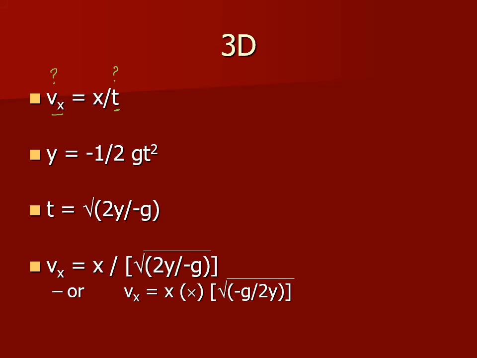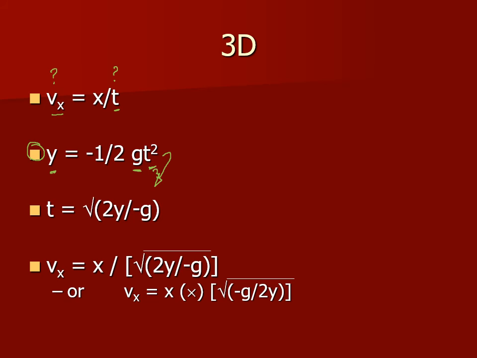So is there a way I can use the other information that I know and solve for time? The answer is yes. I can use this equation. I know the height of the bridge, and I know gravity, and I can solve for the time of travel. So I only have one unknown there. So I can take this and rearrange it down here, and I can solve for time.